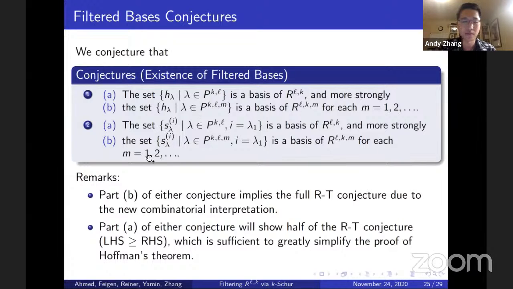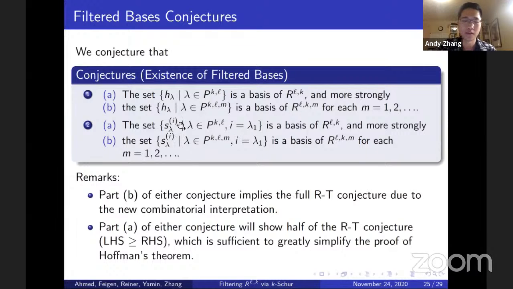And second of all, we could also look at the k-Schur functions, but this time without a fixed k, but a varying k, which is just the first part of the partition we are looking at.